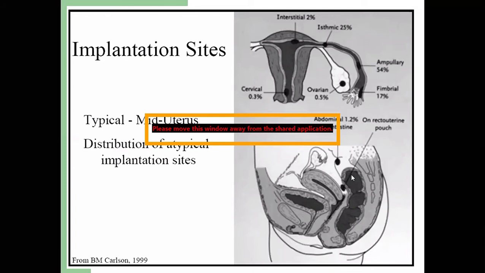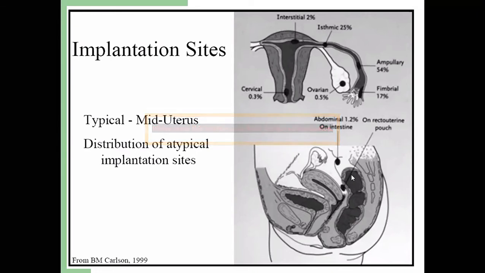Because in the ampullary portion, if there is an ectopic there and it ruptures, it takes a while before it gives symptoms, because the ampulla is large. So it will just grow for some more days or weeks and it will rupture later, okay?